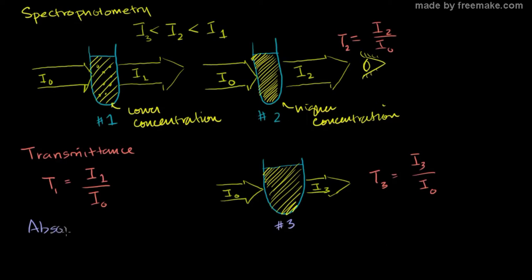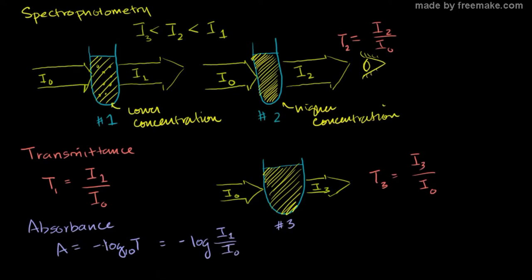So absorbance is defined as the negative log of transmittance, and this logarithm is base 10. Or you could view that as the negative log of the light that is transmitted over the light that is input.